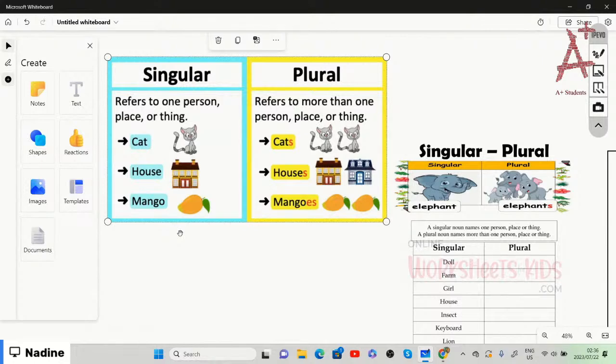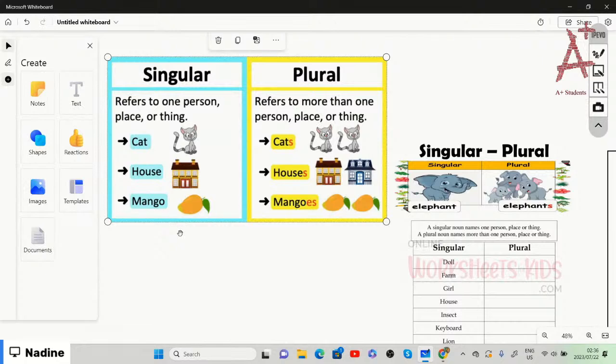The gray cat with the blue is just one cat. But now look on the plural side. It is more than one kitty, and then we say cats, meaning we just added an S.